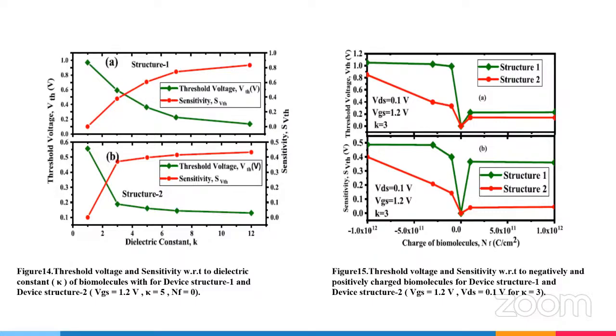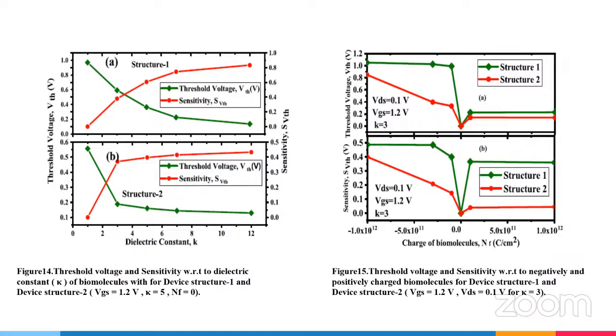From the surface potential profile, it is already mentioned that the barrier is going down, so obviously the threshold voltage requirement will be less as the dielectric constant of the biomolecule increases. And the red one is the sensitivity that we have plotted. The sensitivity we are getting for higher K values is more when we compare it with air, K equal to 1 meaning air.